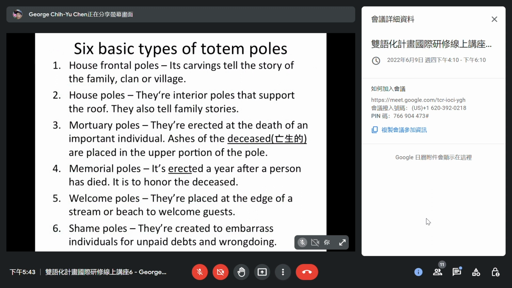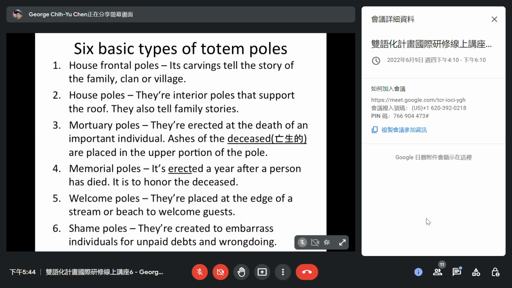Second, we have house poles. Poles means 杆子. House poles are interior poles. Interior means 室内. They are 室内杆 that support the roof, 来支撑屋顶用的. They also tell family stories. Next we have mortuary poles. Mortuary is associated with death.